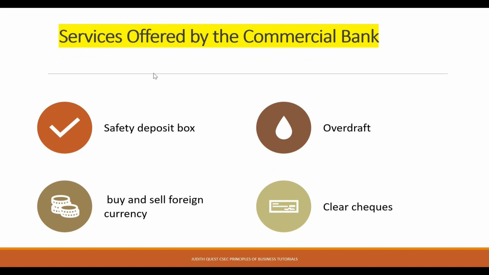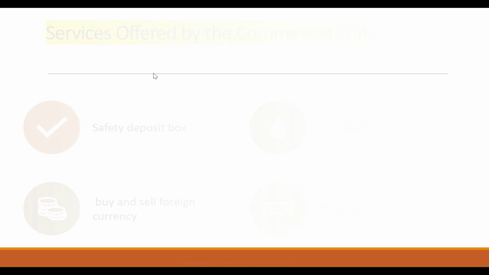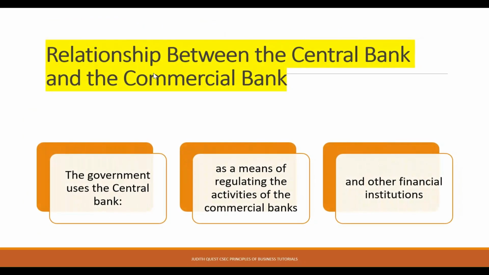So it's not a privilege to everyone. It's not automatic, right? It is requested, offered and accepted. And then you can go ahead and purchase something for more than you have in your bank, paying, of course, the interest for it. They also allow you to buy and sell foreign currency, and of course, when you have a check, you can take it to the bank and they will provide you with the cash.